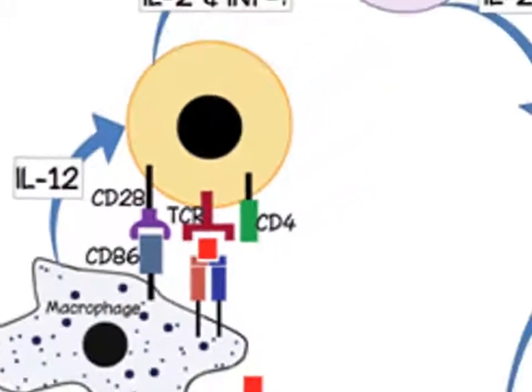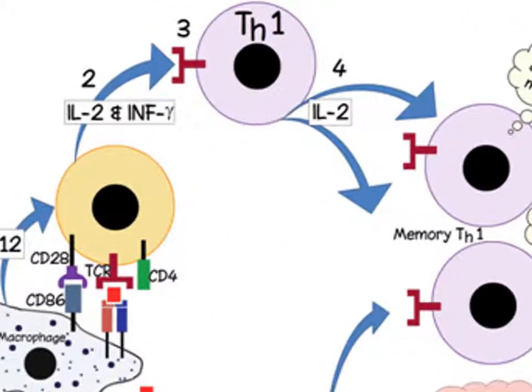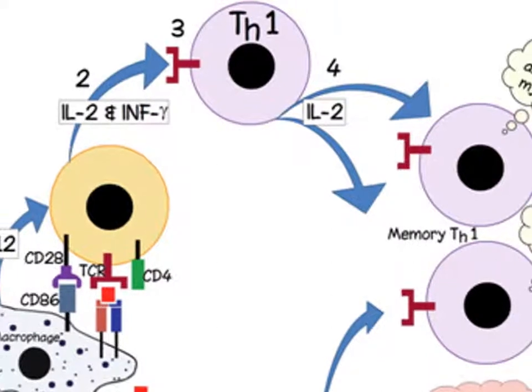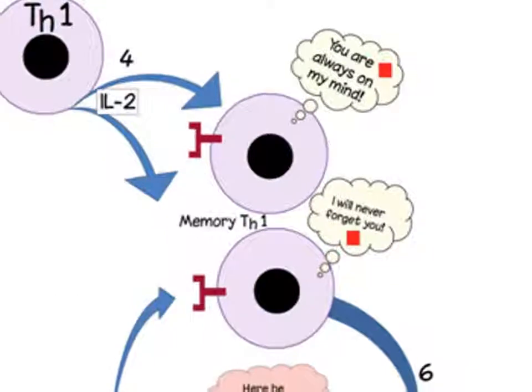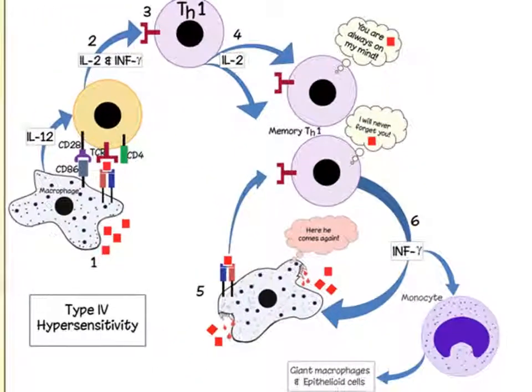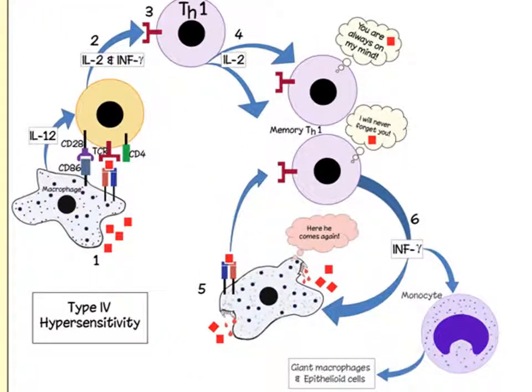As a result, the naive T cells get activated and produce interleukin 2 and interferon gamma and differentiate into Th1 cells that are able to produce colonies of effector memory Th1 cells.